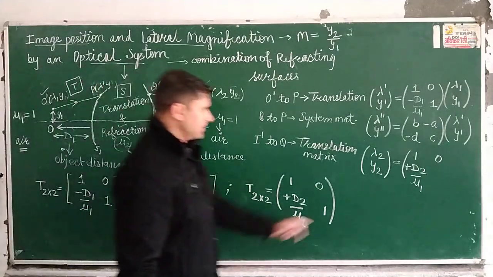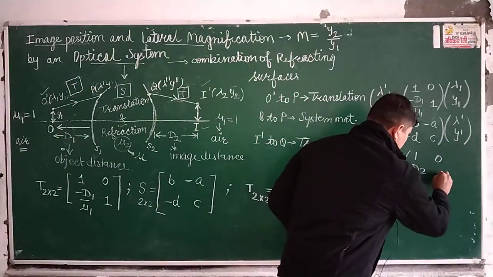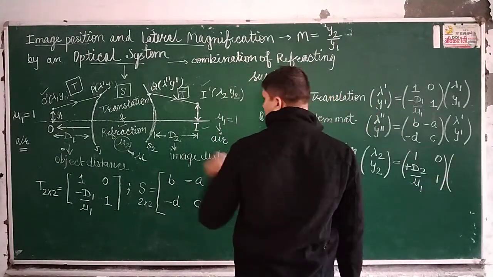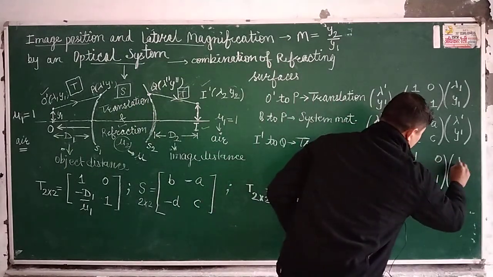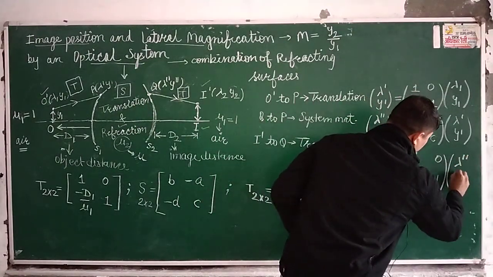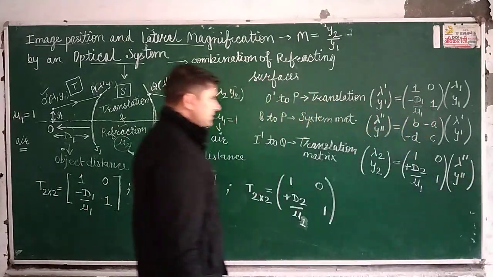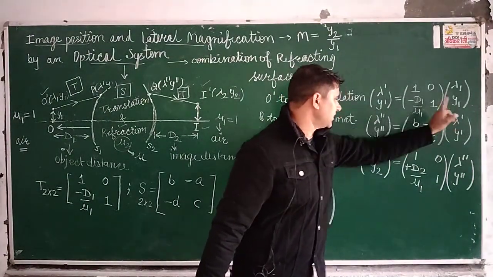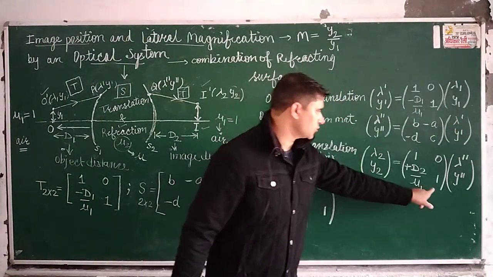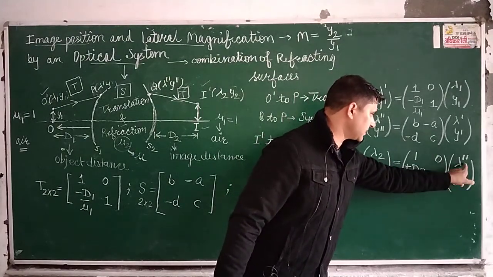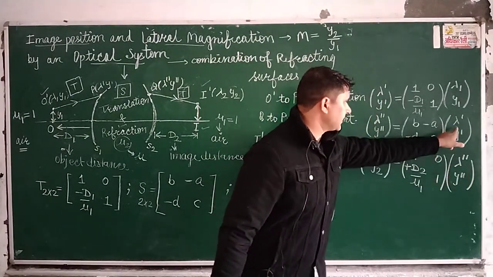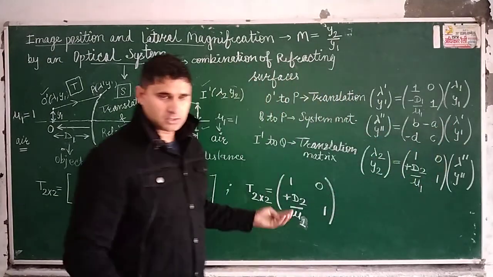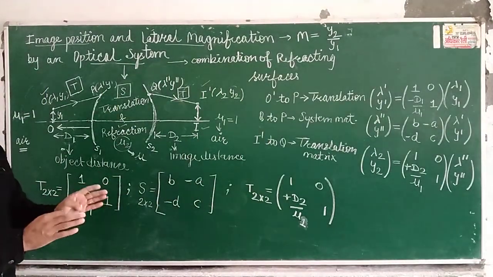Okay, and here, let us complete this equation with the translation matrix, and here we will write the coordinates of point Q, that is lambda double dash and y double dash. So if we connect the optical coordinates of the object point and those of the image point, we have to put the values of lambda double dash and y double dash from here, and lambda dash and y dash from here, and we will make a combined matrix.